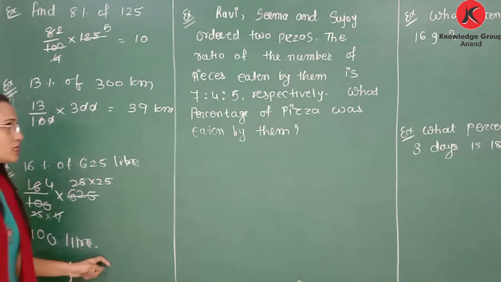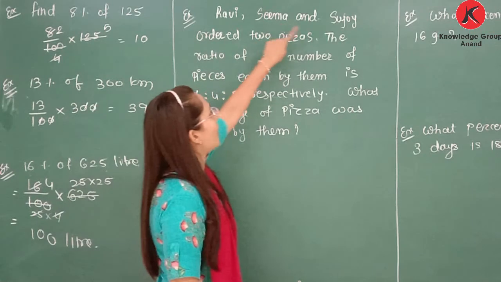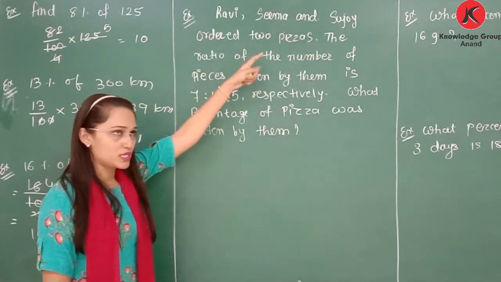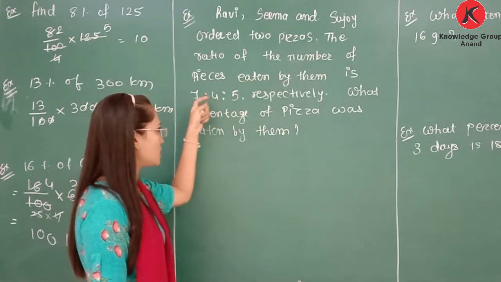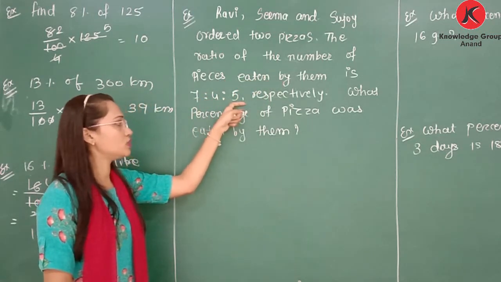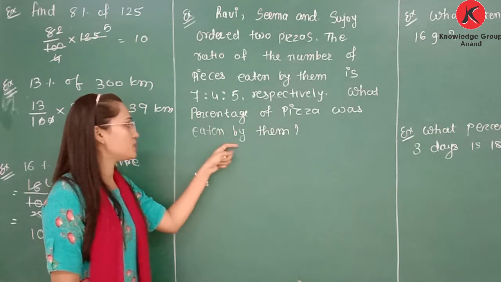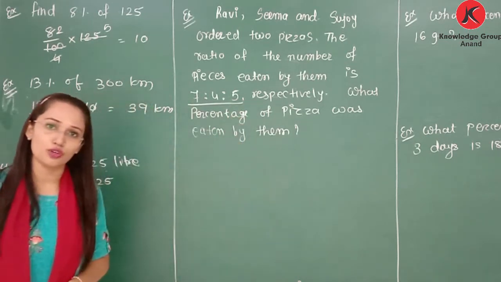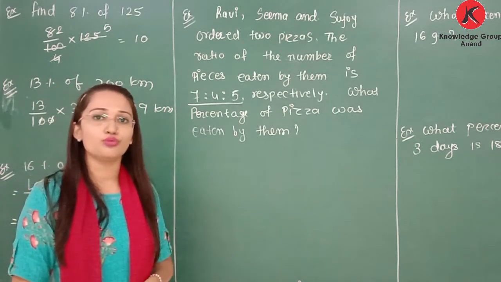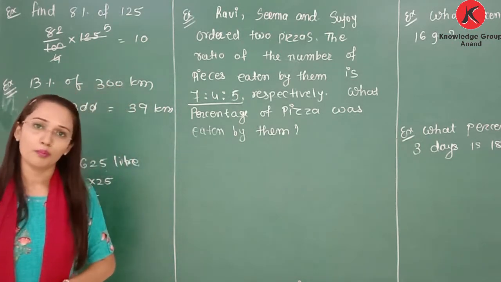Clear? Now next one. Ravi, Seema and Sujoy ordered the pizza. The ratio of the number of pieces eaten by them is 7:4:5 respectively. What percent of total pizza was eaten by them? So here you can see the ratio is given. Means here you need to convert ratio into percentage.